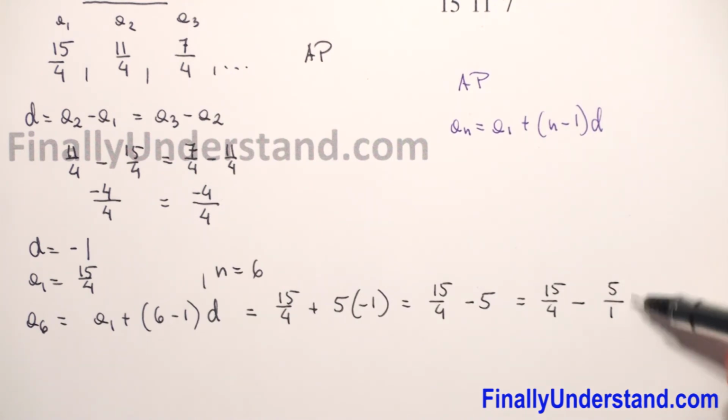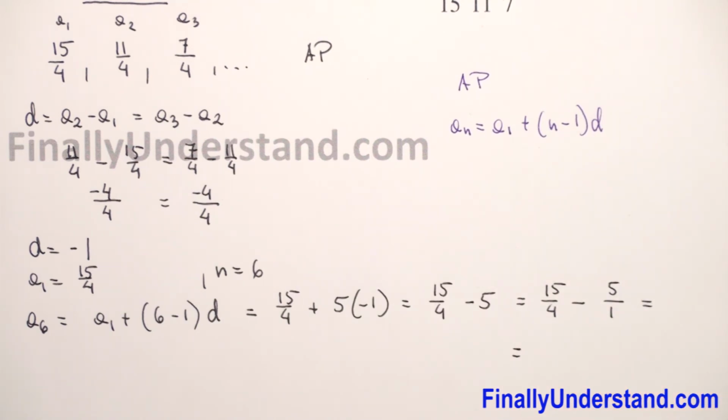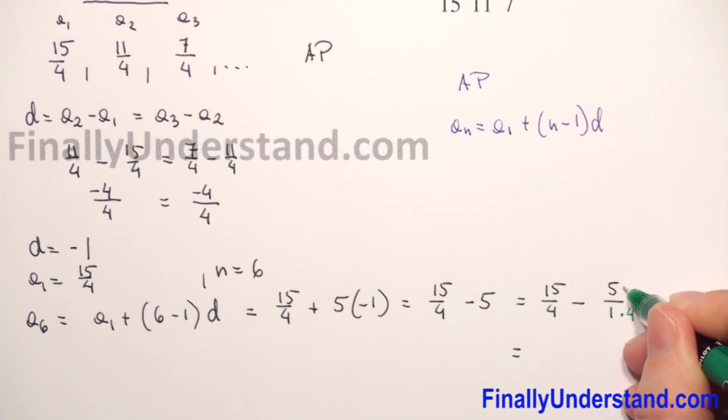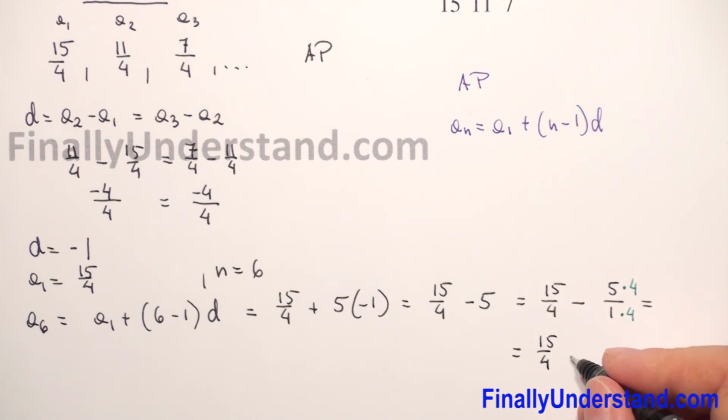It's still 5, I didn't change anything. And now, because we have subtraction of fractions, we need the same denominator. We have 4 and 1, so we need to multiply 1 by 4. Whatever I do with the denominator, I have to do the same with the numerator. So we have 15 over 4 minus 5 times 4, which is 20, over 1 times 4, which is 4.